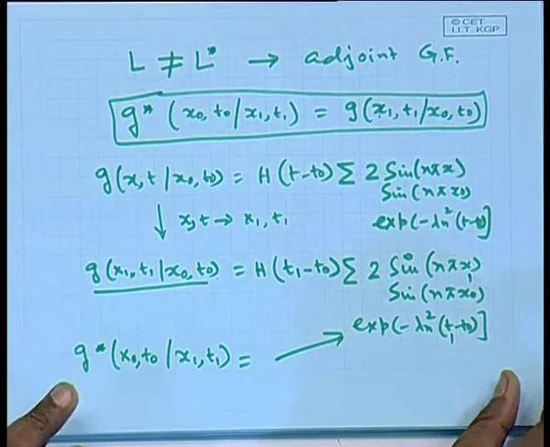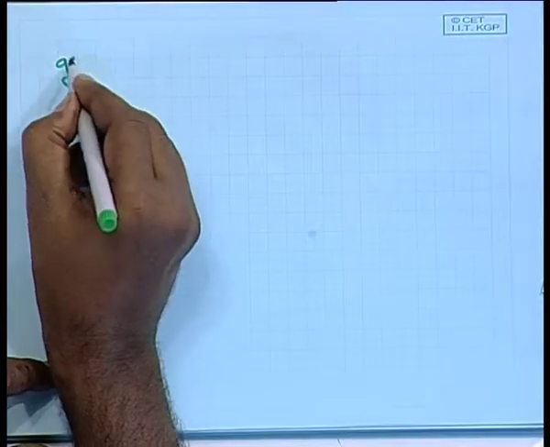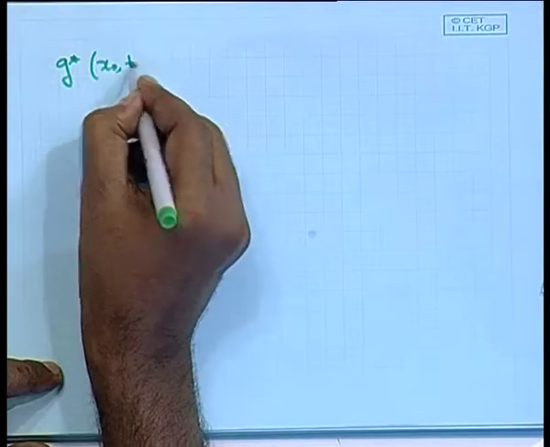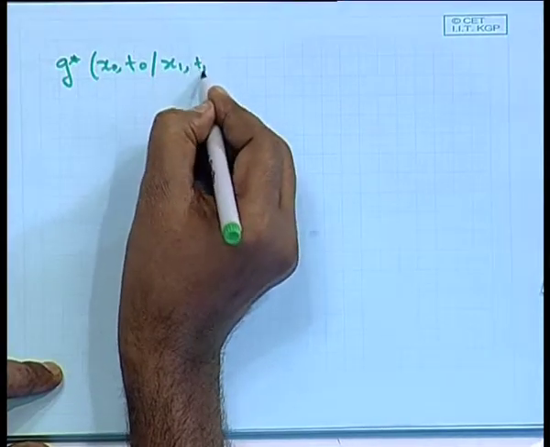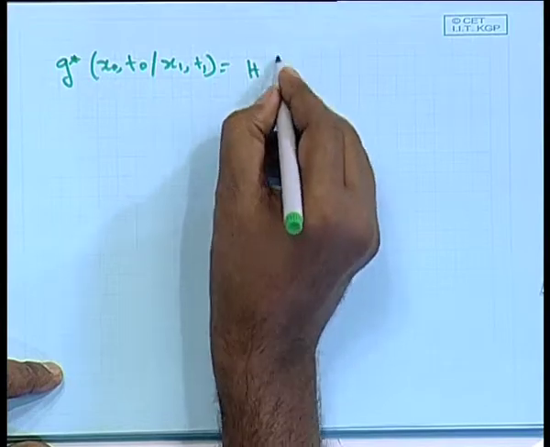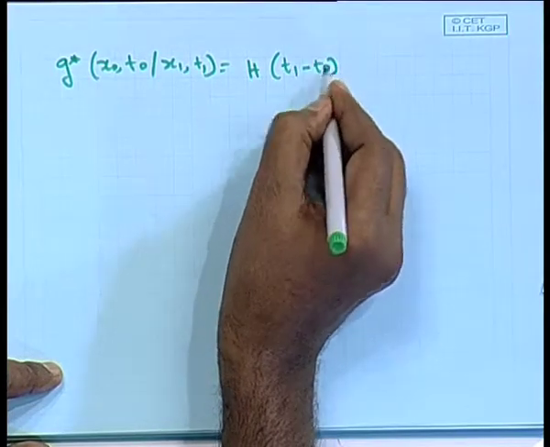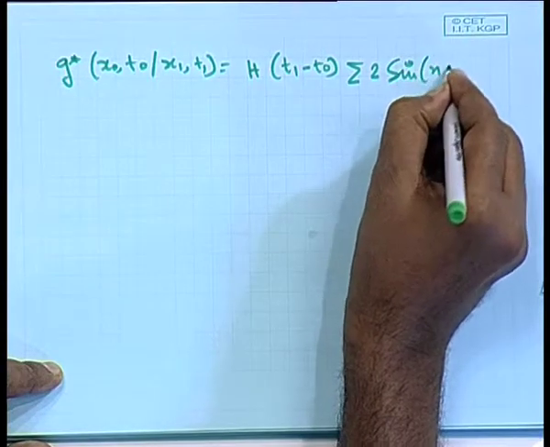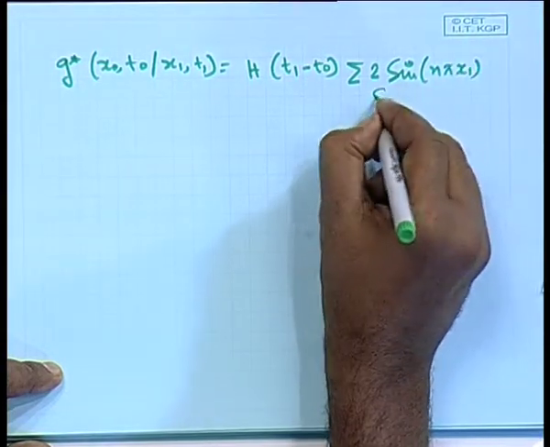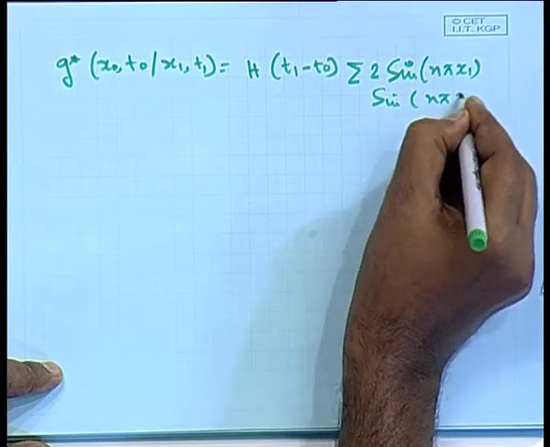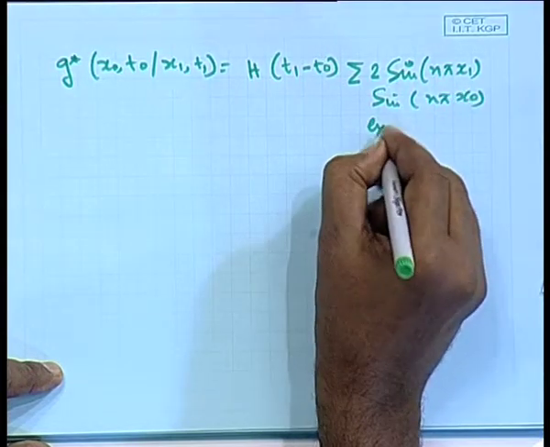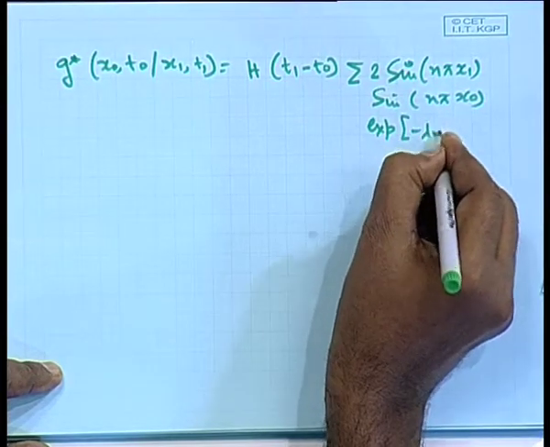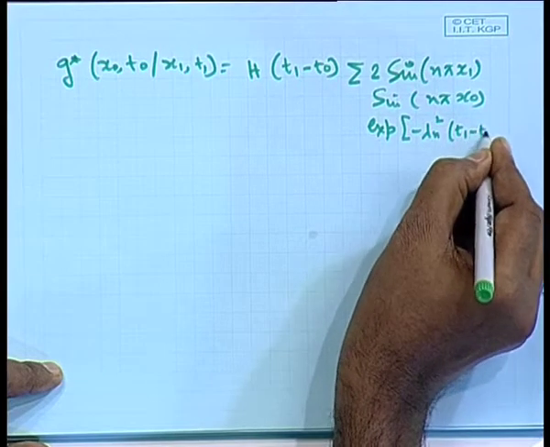Now, let us write down a clear cut expression of G star. G star x0 t0 slash x1 t1 should be equal to h t1 minus t0, summation 2 sin n pi x1 sin n pi x naught, exponential minus lambda n square t1 minus t0.